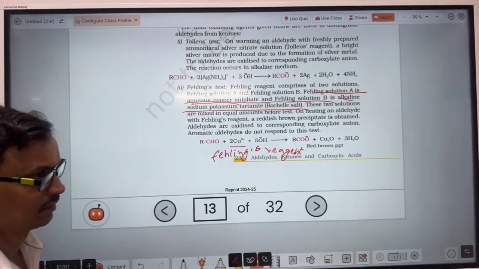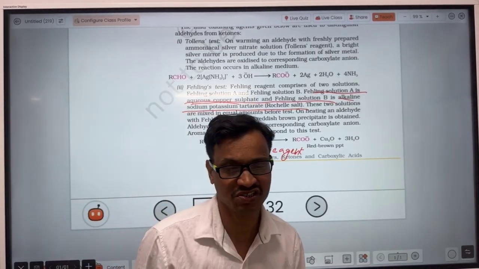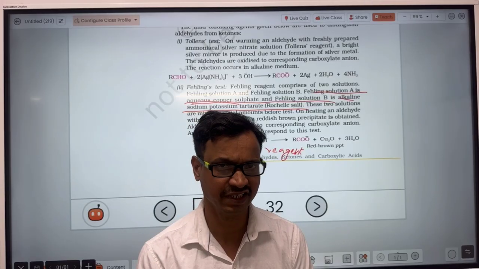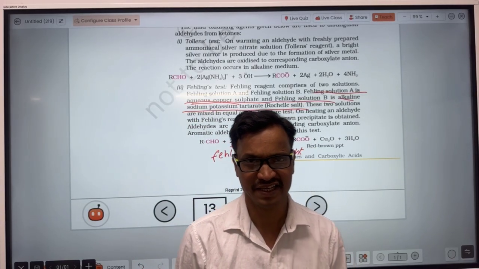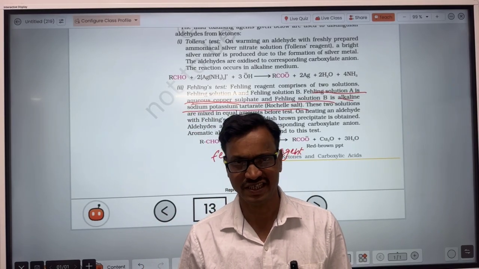So during that course, what happened? The Cu2+ will act as an oxidizing agent. It will be reduced to Cu+, as Cu2+ is an oxidizing agent.